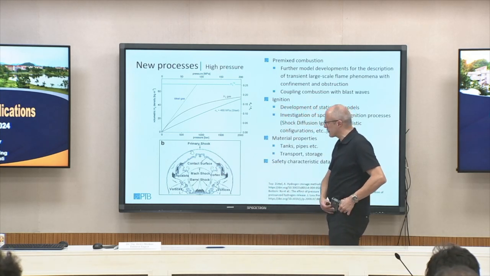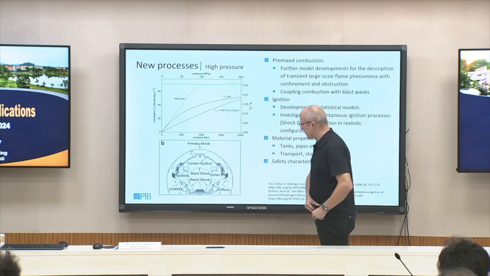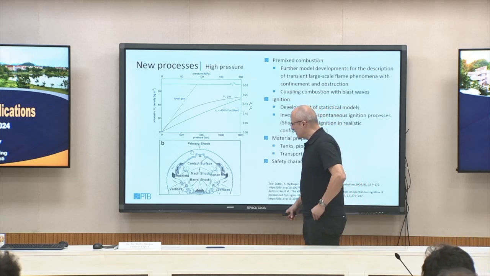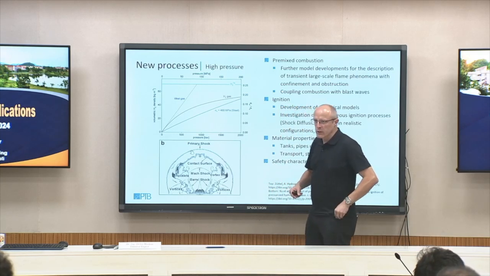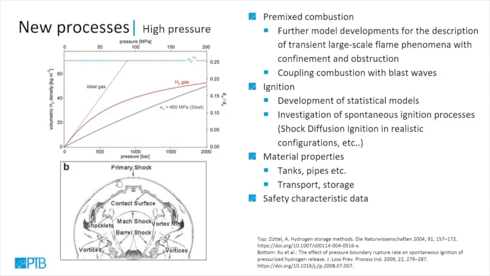You have primary shocks, and you have Mach waves, and so on. So you have a strong interaction of the fluid with the hydrogen-air mixture here, and you can observe outer ignition. So the compression effects lead to temperature rise, leading finally to an ignition of these mixtures.